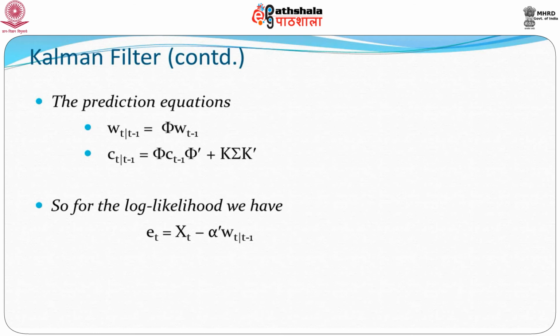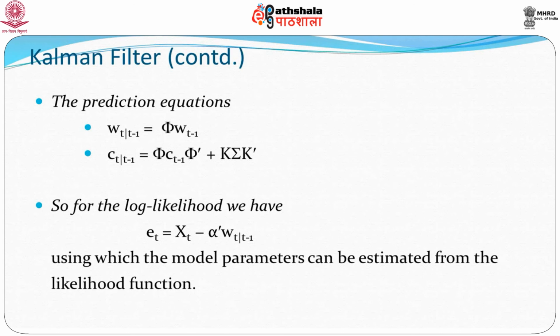Now, it is easy to see that the expectation of the error vector is going to be 0, because the expectation of Wt given t minus 1 minus Wt is 0, and so is the expectation of epsilon t. Its dispersion is given by a diagonal matrix with Ct given t minus 1 and sigma epsilon square, the off diagonal elements being 0.